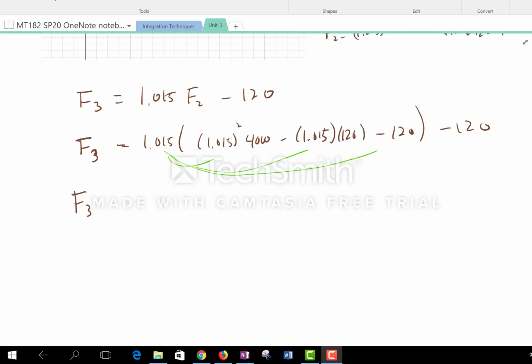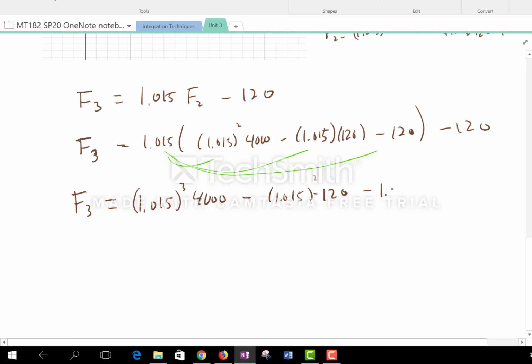So rewriting that, we get 1.015 to the third power times 4,000 minus, multiplying that, 1.015 squared times 120 minus 1.015 times 120 minus 120 at the end there.